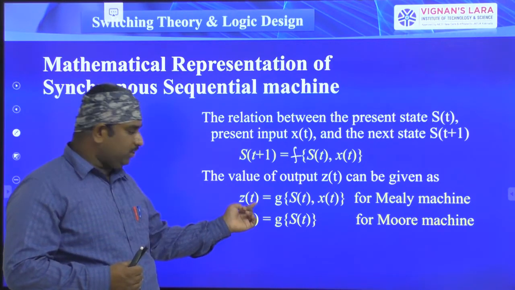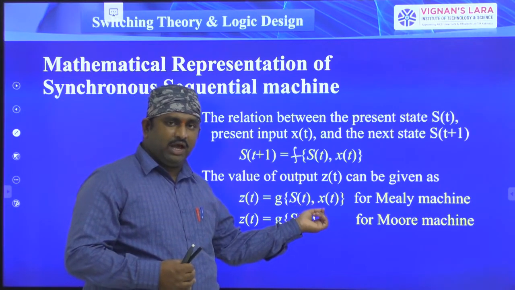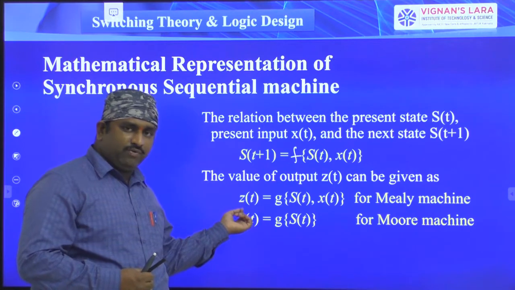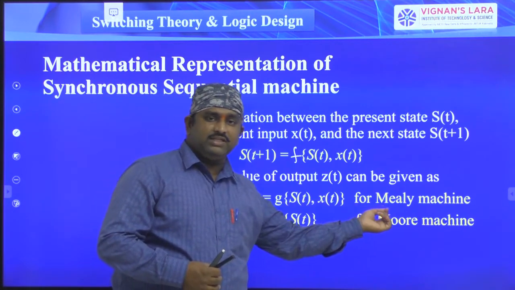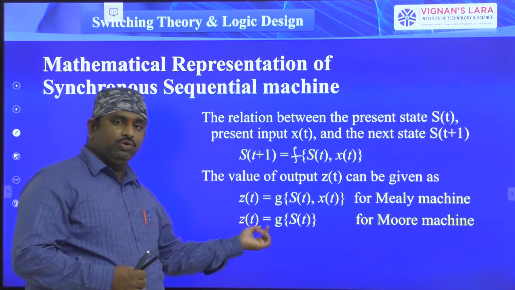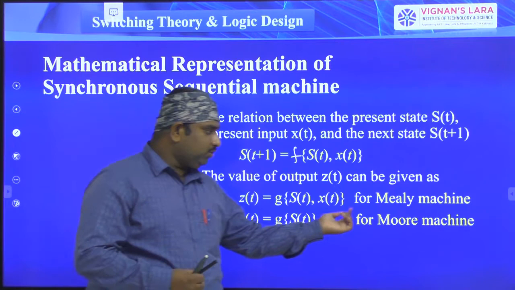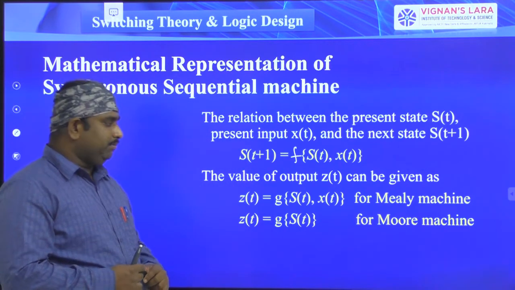Z of t is equal to some function g of S of t comma x of t. That is, the output of the system depends upon the present state and input. This is for the Mealy type machine, and Z of t is equal to g of S of t. This is the Moore type machine.